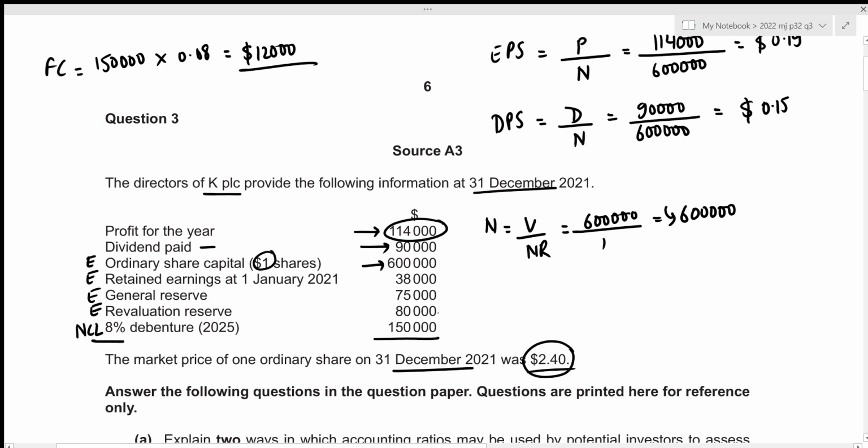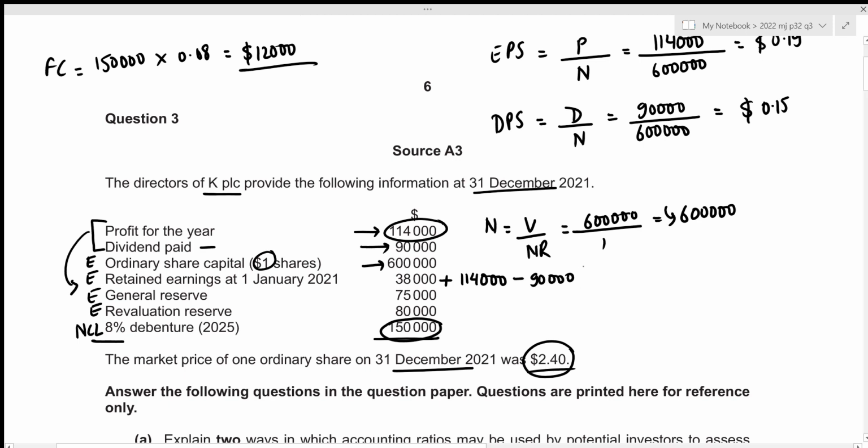So the total non-current liability will be 150,000. Now we also need to adjust this profit for the year and dividend to our equity. Remember that in our statement of changes in equity, the profit for the year as well as the dividend paid is always adjusted to our retained earnings. So let's do that. We always add our profit for the year, so that's plus 114,000. And then we subtract our dividend paid, so that's minus 90,000.